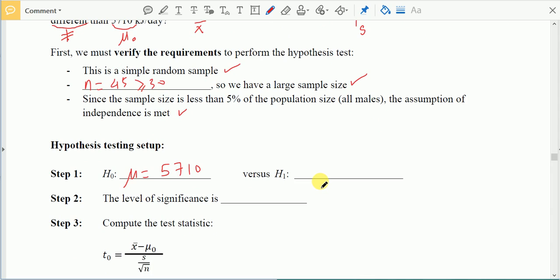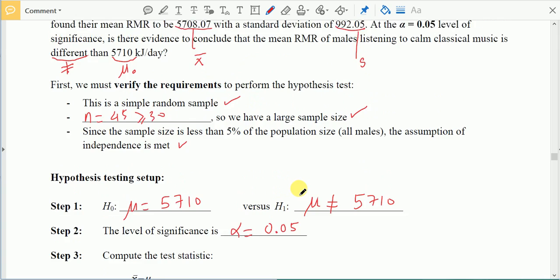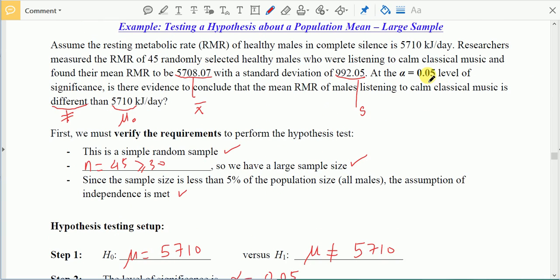We claim that they are different. That means the new one is different from the original one, right? This is the null hypothesis, this is the new one. We claim that this is different from that. And the significance level, in this case, they give us 0.05. Normally it's 0.05.